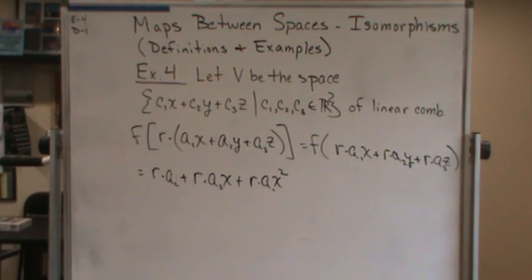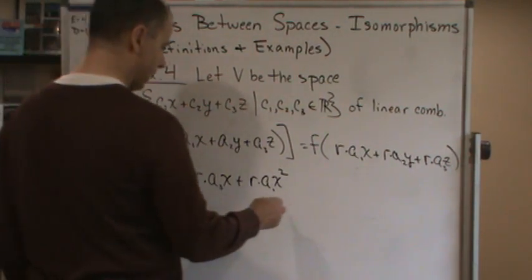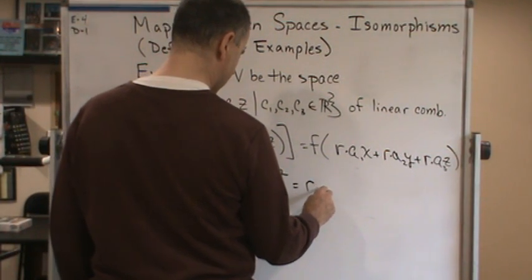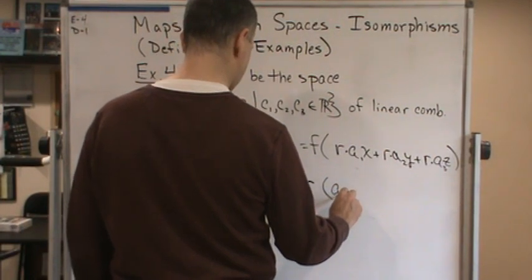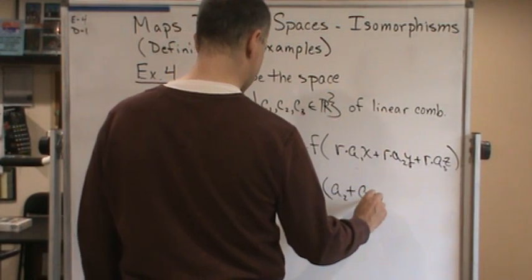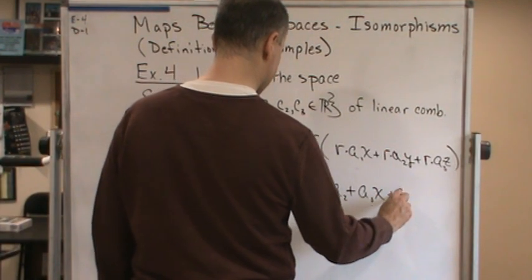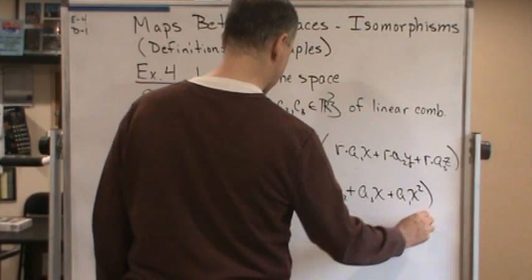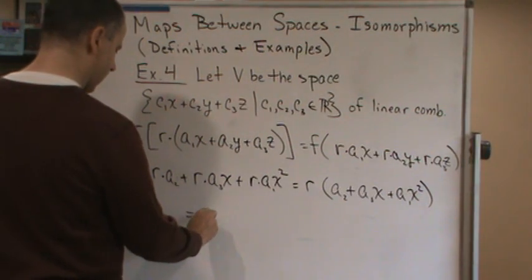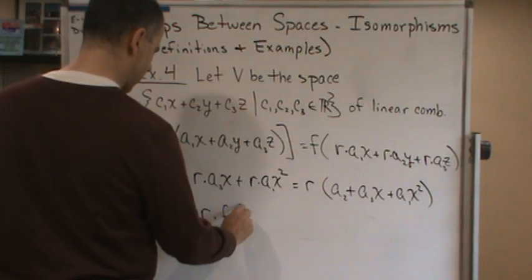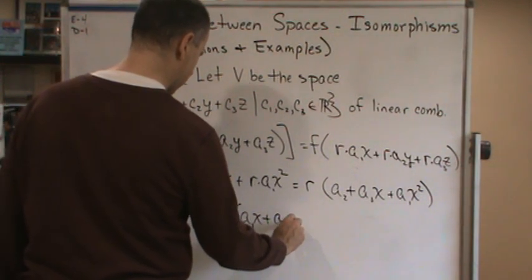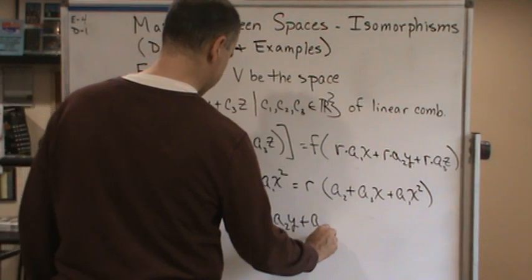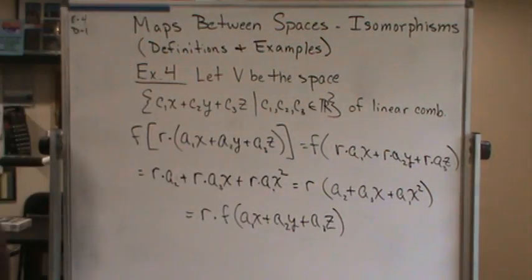And now I'm just going to pull out the r, which is the same as r times the quantity a2 plus a3x plus a1x squared, which again is equal to r times f of a1x plus a2y plus a3z.